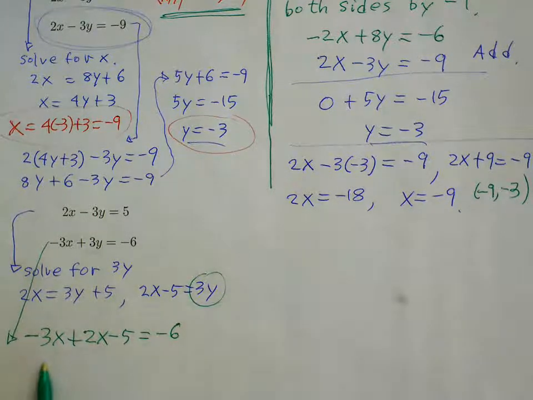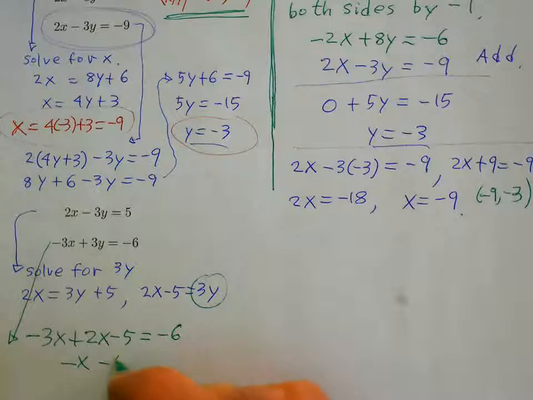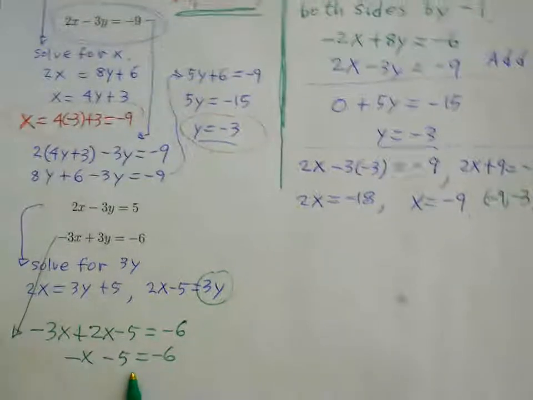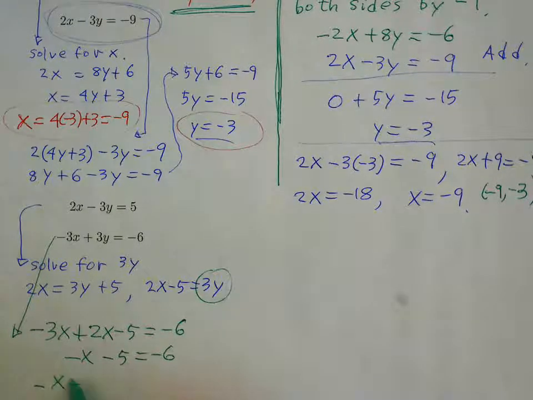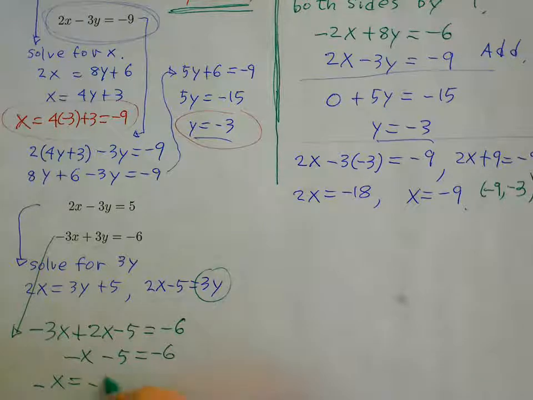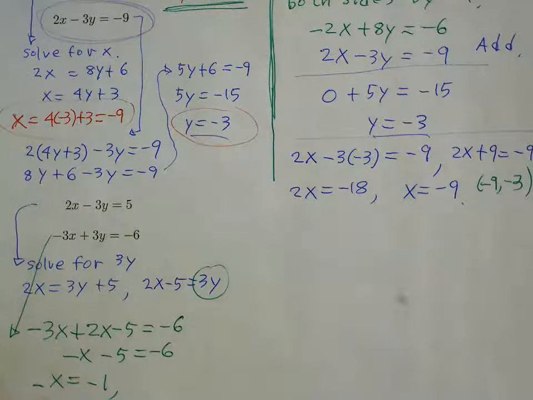And now I can solve for x. -3x plus 2x is -x. Minus 5 equals -6. Add 5 to both sides. I get -x equals -1. And then divide both sides by -1, I get x equals 1.